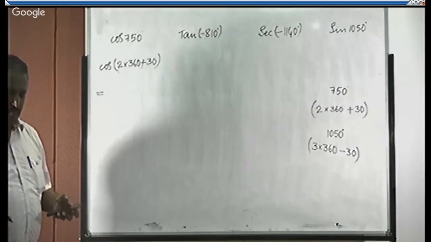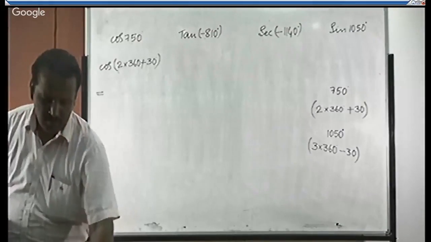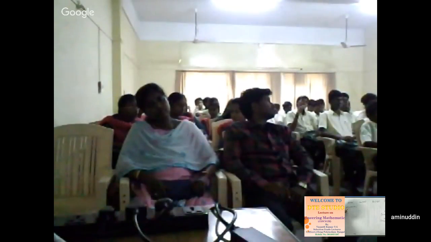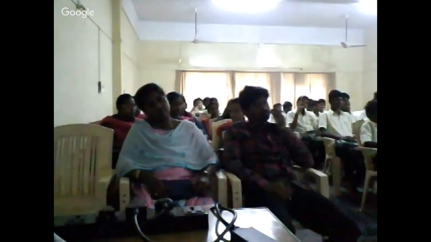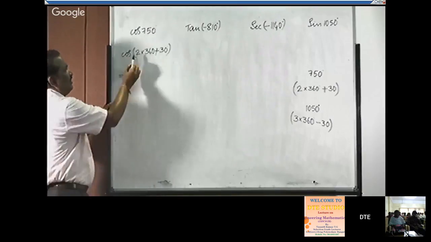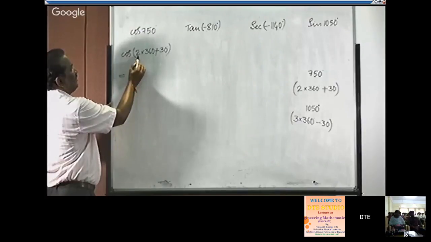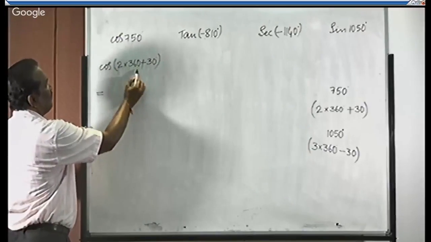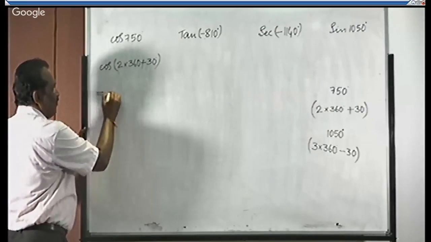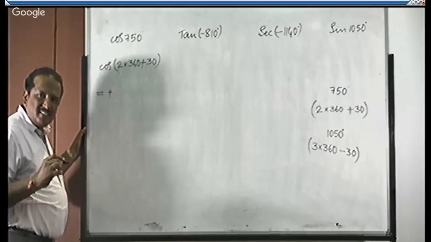So you can forget the multiples of 360 degree. Read the rest. Read it as cos of 360 plus theta. Right? 360 plus theta comes under the first quadrant where cos is positive.